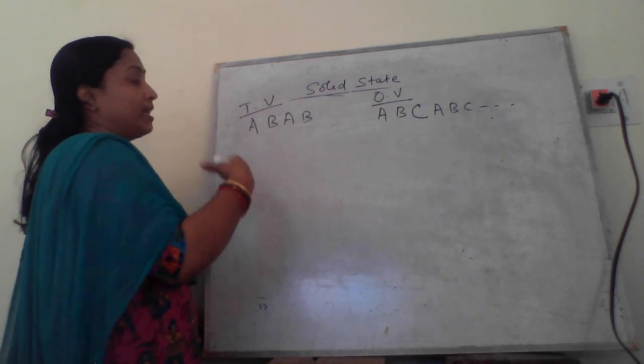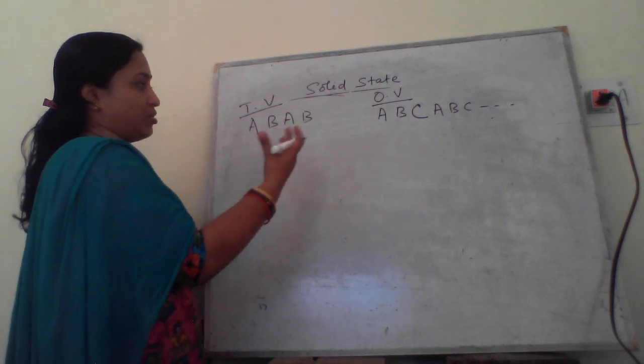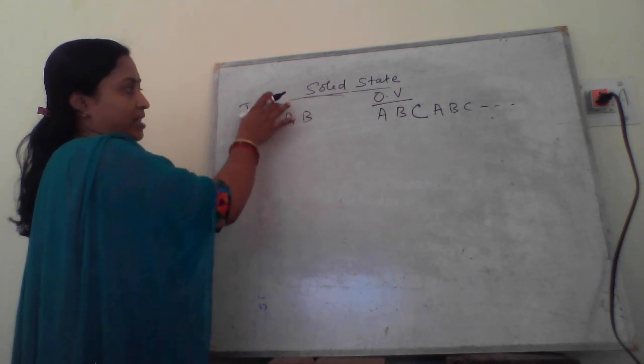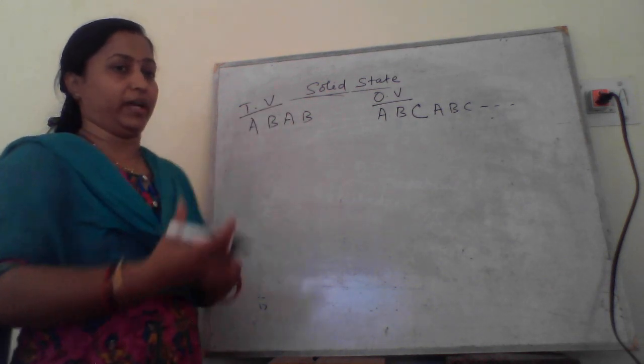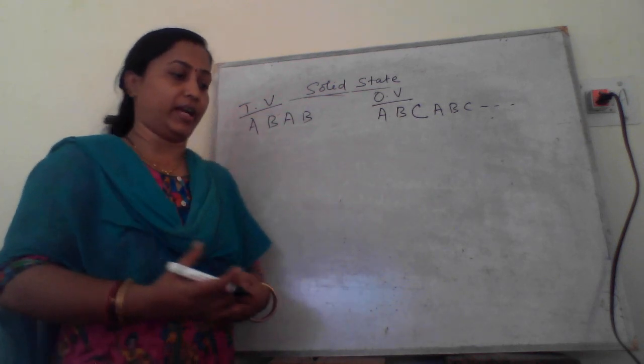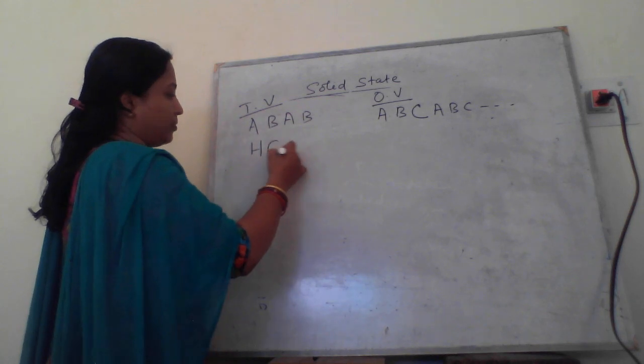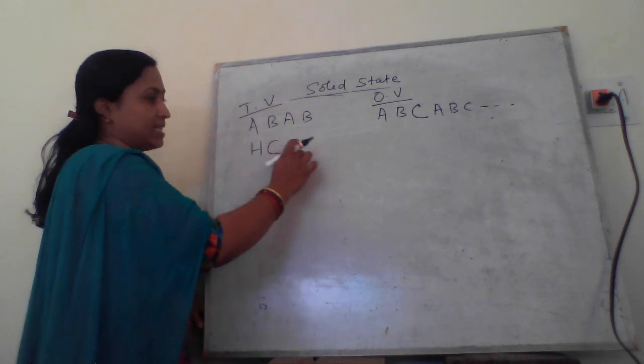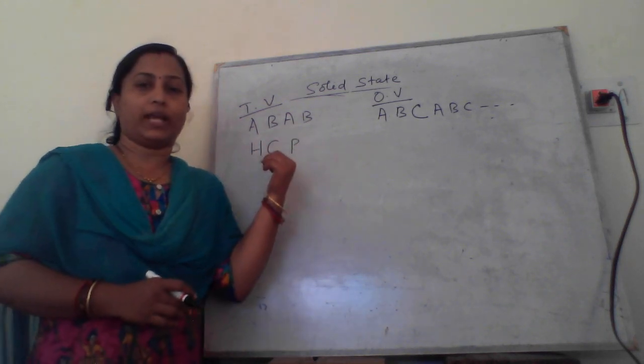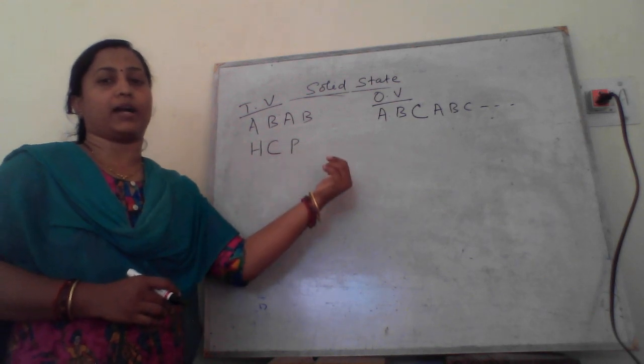So the structure obtained from covering the tetrahedral void is the HCP structure, that is your hexagonal close packed arrangement.